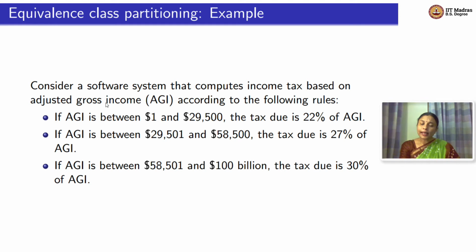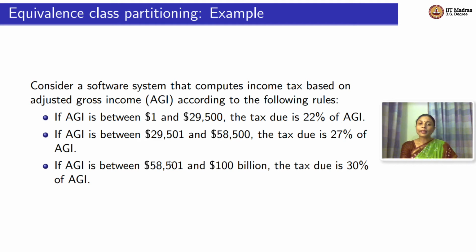If you look at the style in which these requirements are written, it is reasonably clear that it'll be good to test the system by giving it an AGI that falls in the first tax slab, between $1 and $29,500. And by giving it another set of inputs that fall in the second tax slab, $29,501 to $58,500.